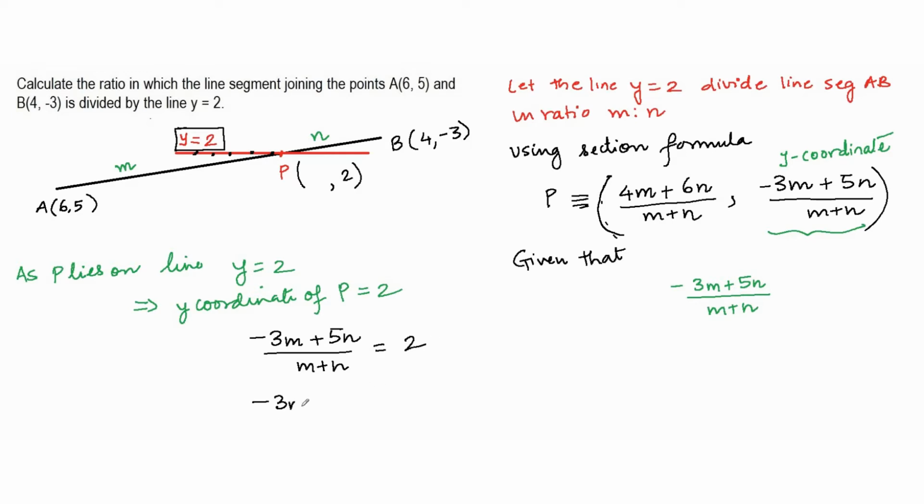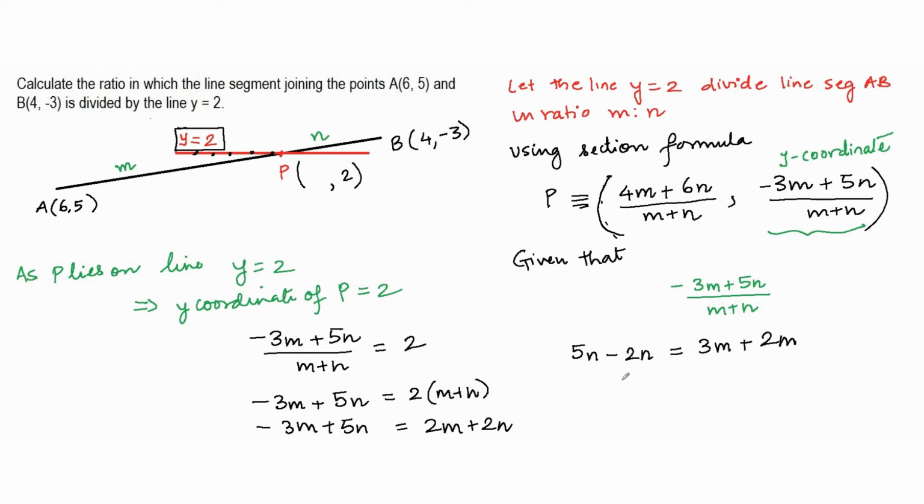Cross multiplying, minus 3m plus 5n is 2 times m plus n, and therefore minus 3m plus 5n is 2m plus 2n. Therefore, 5n minus 2n is equal to 3m plus 2m, so 3n is equal to 5m, which means m upon n is equal to 3 upon 5.